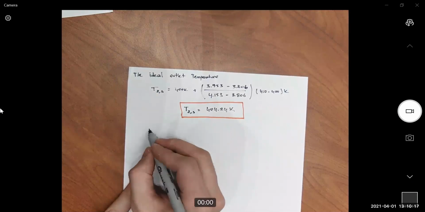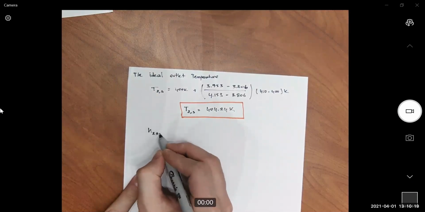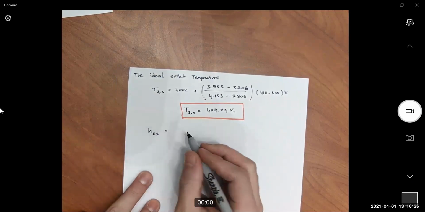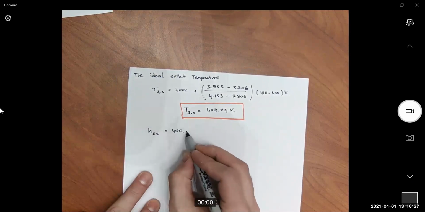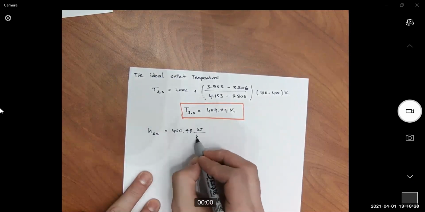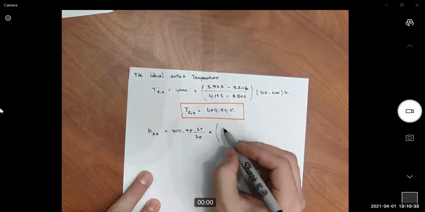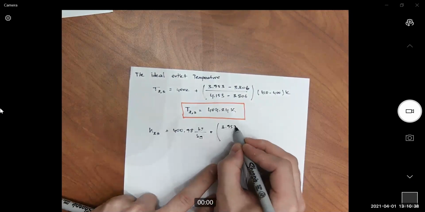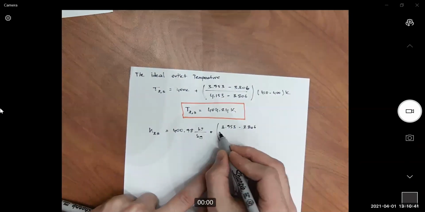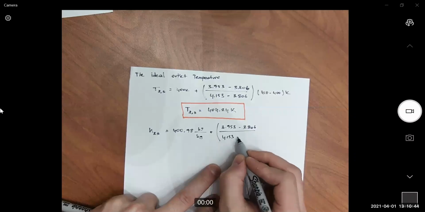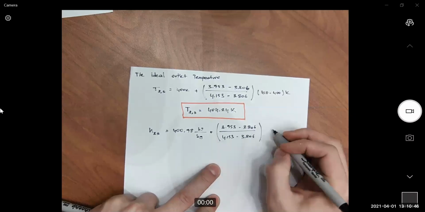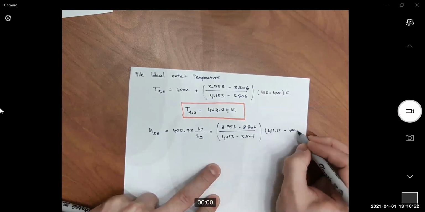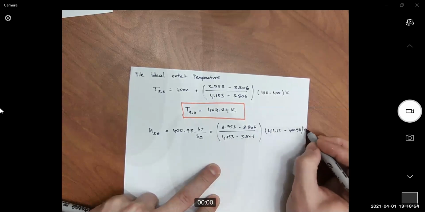Okay. And I can also find enthalpy at the outlet for the ideal case. This is interpolation, right? 3.953 minus 3.06 divided by 4.953 minus 3.06, times 411.12 minus 400.98 kilojoules per kilogram.